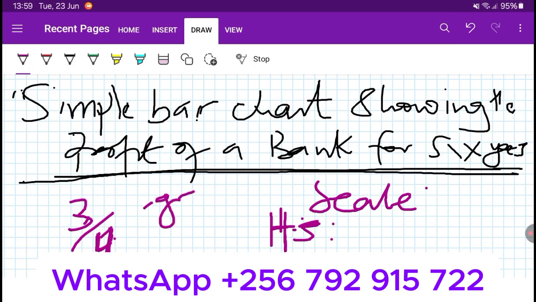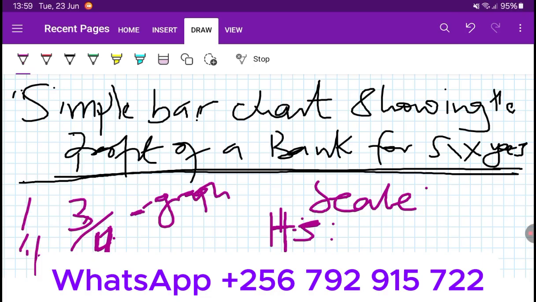Then the other 1/4 will be for the title, the scale, and the labeling.